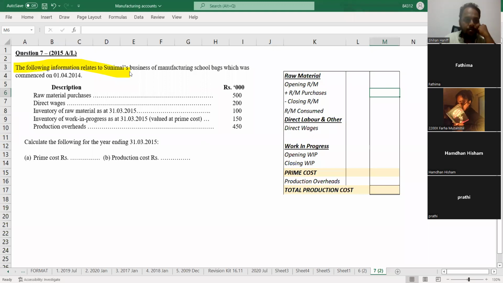The following information relates to Sunimal business, which manufactures school bags. Commenced on 1st of April. Calculate the following. Raw material purchases.